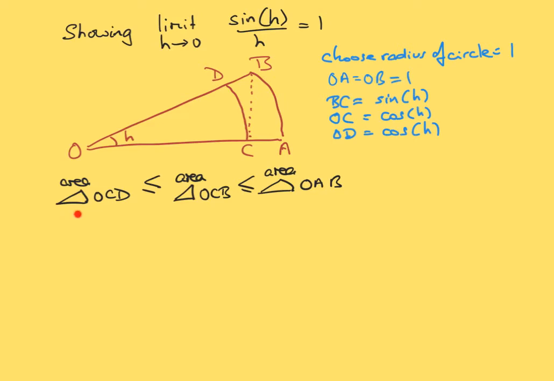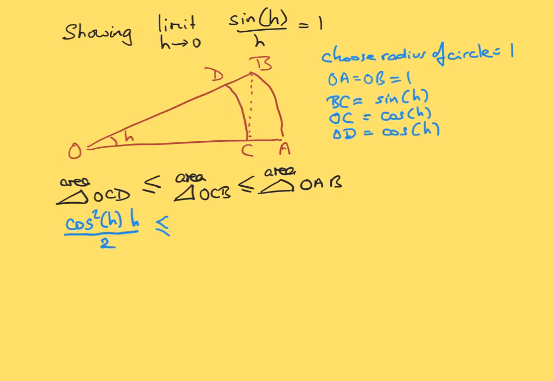So now, we know the formula for the area of a sector of a circle. It is the radius squared, and the radius of this arc of the circle is the cosine of h, so it's cos squared h, times the angle in our sector of the circle, and that's just h, divided by 2. And that is going to be less than or equal to the area of this right angle triangle.